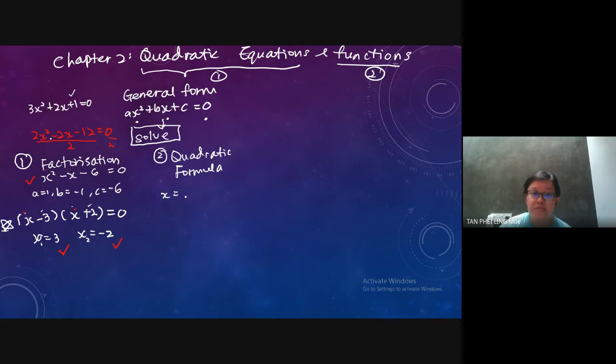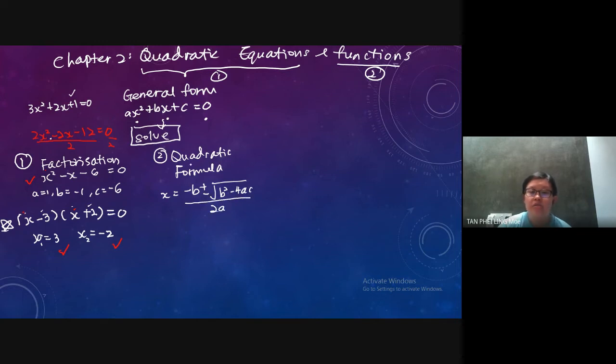This exam for Form 4, you have no formula sheet, because you don't need any formula sheet. So, can I have the formula? Anyone? Minus b plus minus the square root of b squared minus 4ac, over 2a.